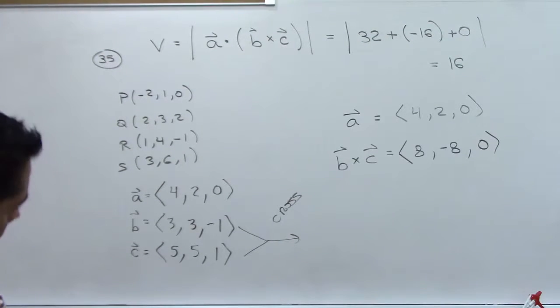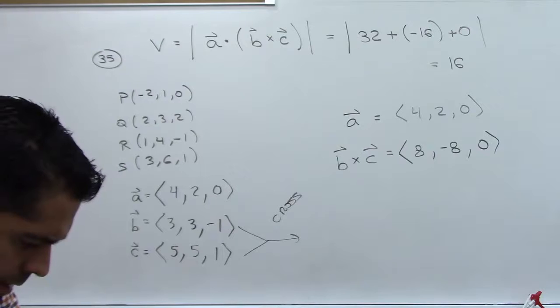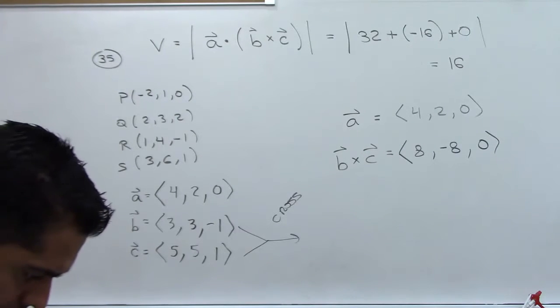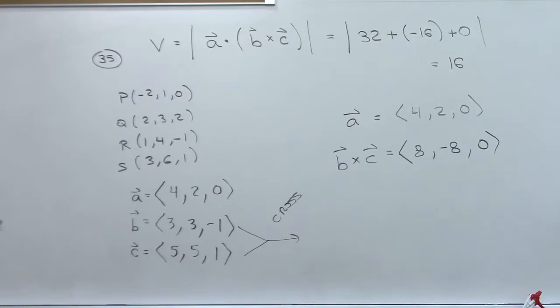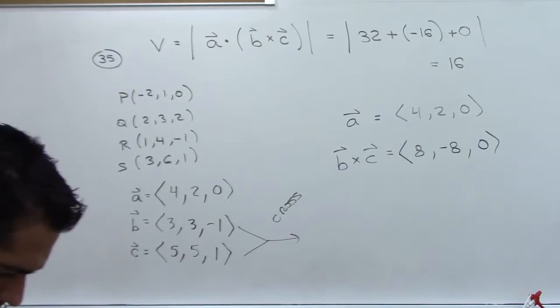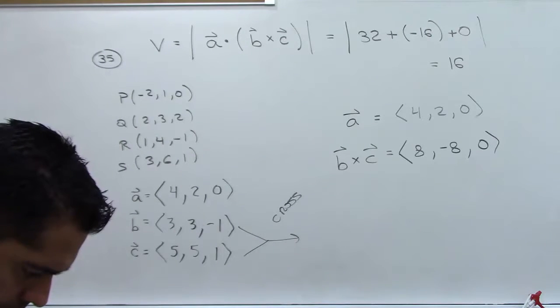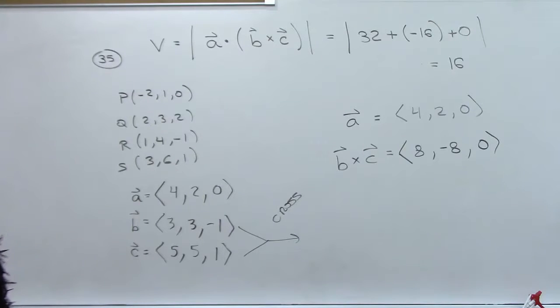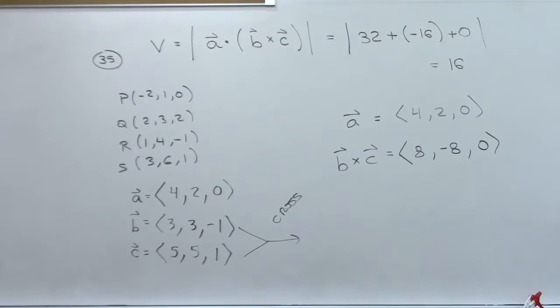You know what? I think, oh, that was 35. That's why I'm sitting there going, what the hell? You know, I forgot to do number 33. Was that not on your homework? 33. Damn it. Well, 33 is easier than 35. 35, yeah, that's right. Okay, so this is the right answer.